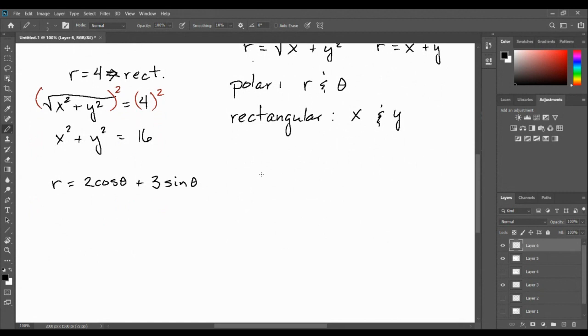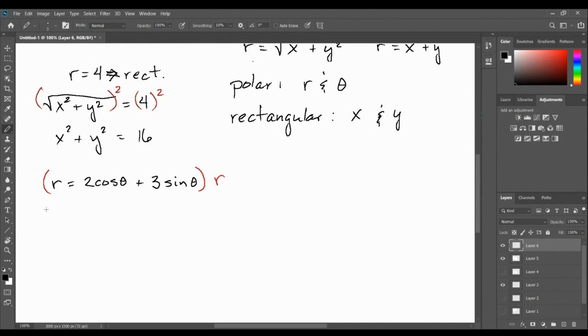And we need to take that over to rectangular coordinates. In order to get x, I need r cosine theta. To get y, I need r sine theta. And I don't have the r with either of those. So what I'm going to do is multiply everything by r.